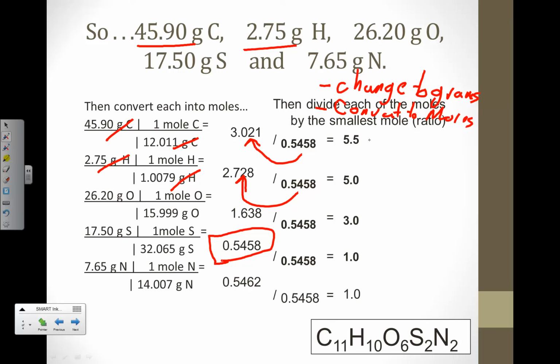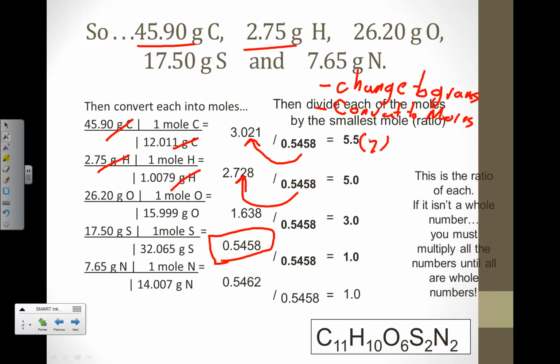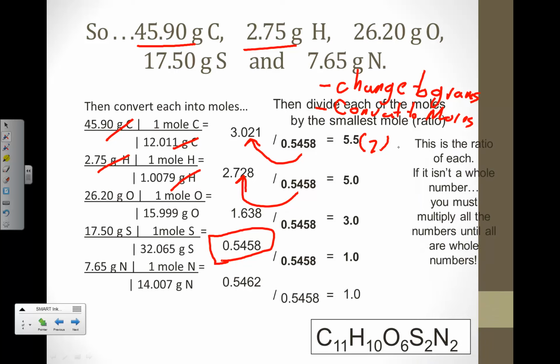So we could multiply that by 2, equals 11. You have to multiply this one by 2, equals 10. Multiply that one by 2, equals 6. If you multiply one, you have to multiply them all. So now that tells us our lowest whole number ratio for carbon, hydrogen, oxygen, sulfur, and nitrogen.